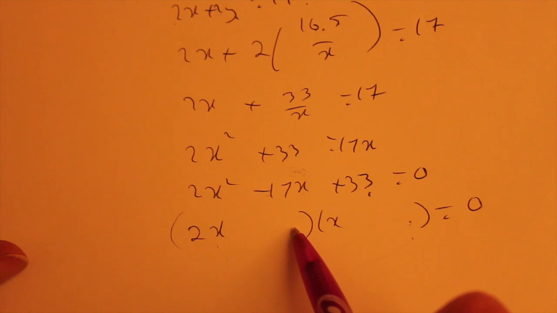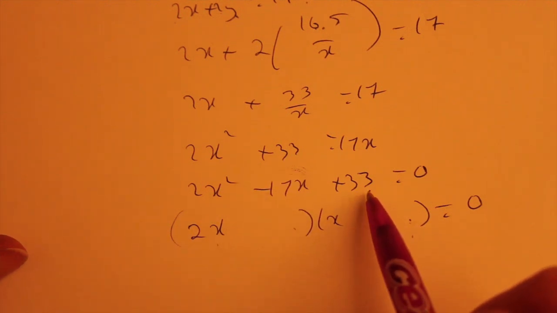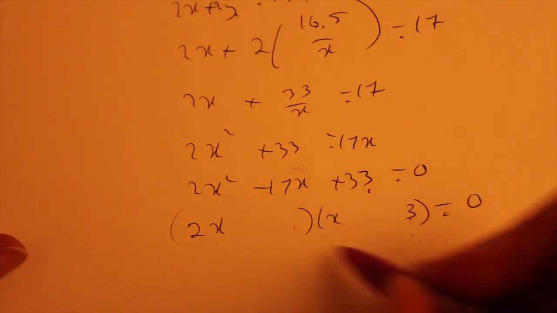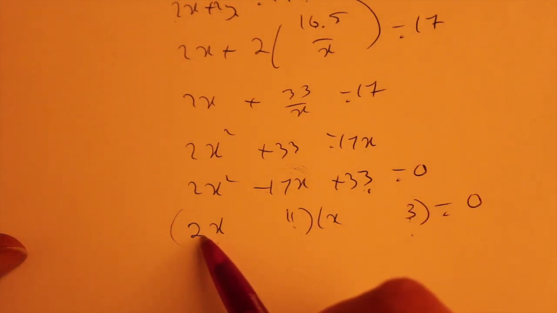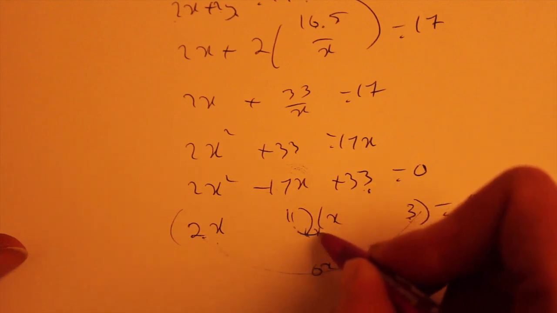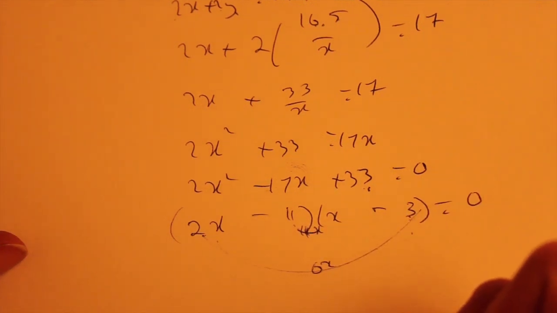If I put 33 in there, I would have 33 and a 2, way too big. So it's going to be some combination of my 3 and my 11. So I'll put a wee guess of 3 and 11. That gets me 6, and that gets me 11. I want it to be minus 17, so minus 6, minus 11.